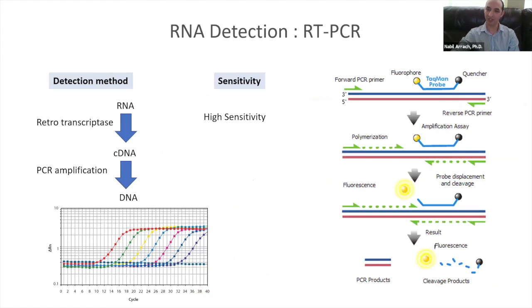When it comes to qPCR, it's slightly different. You have a DNA, and the concept of fluorescence is the same: you have a fluorophore and a quencher.